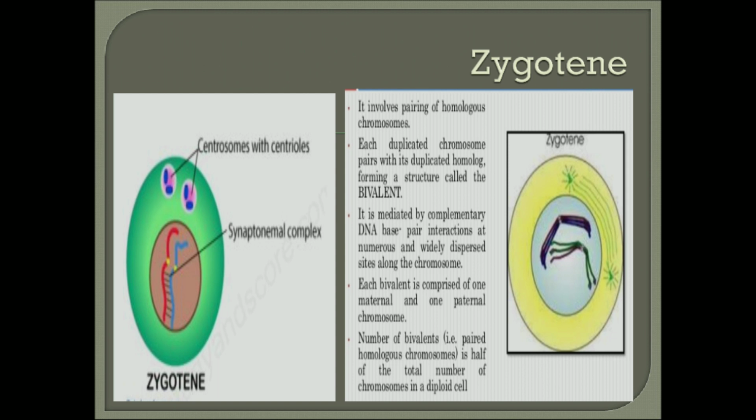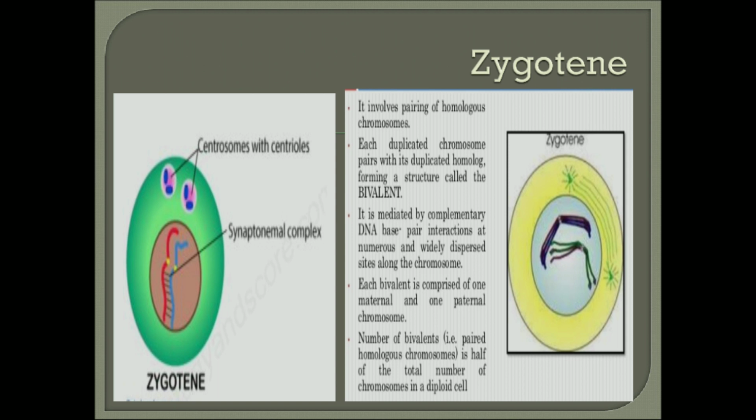Then let us discuss zygotene. In zygotene, the homologous chromosomes, maternal and paternal, come together and form pairs, and this is called synapsis, or a bivalent.